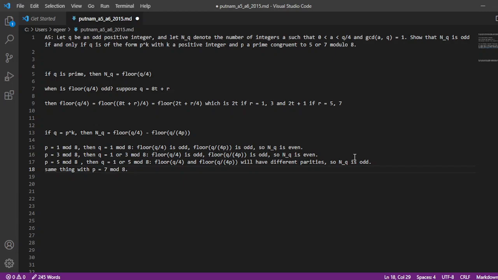So this proves the claim when Q is a prime power. So if we know that Q is a prime power, well, odd prime power, and we're only working with odd integers here, so we can assume that. So this proves it for when Q is an odd prime power.